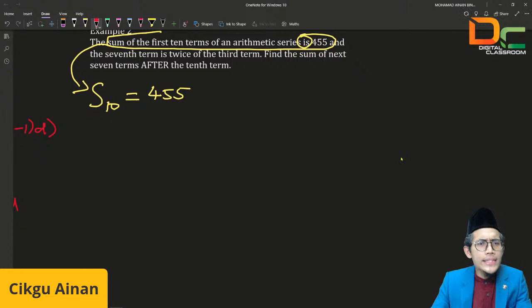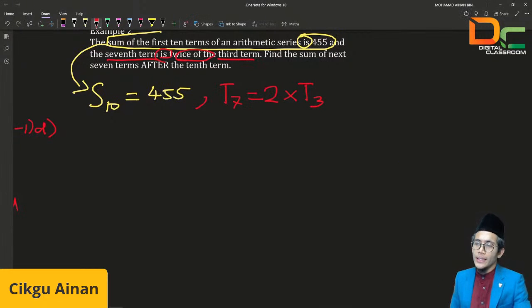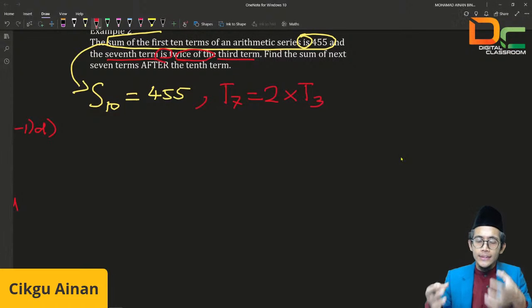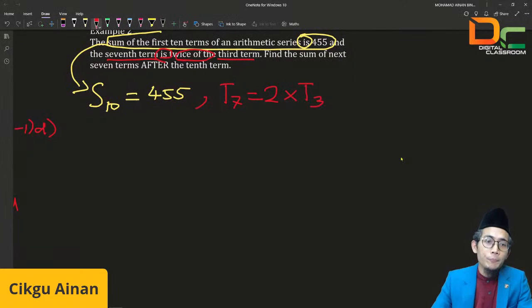And then the seventh term is equal to twice of the third term. So it should be easy. If you read it one by one, you should be able to crack the English sentences and change them into math equations.